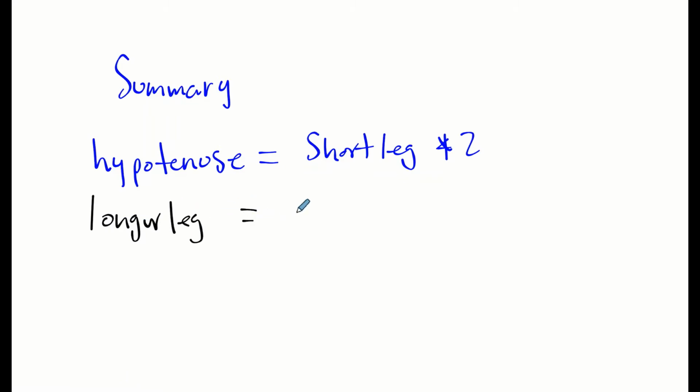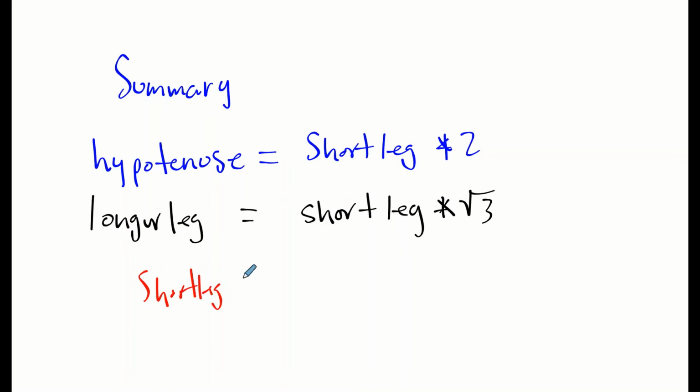That's going to equal the short leg times radical 3. And then the short leg is just itself, right? It plays itself in this here movie. So this is the short leg. And that's one of the ways that you can use these equations and manipulate them to solve for the missing length.